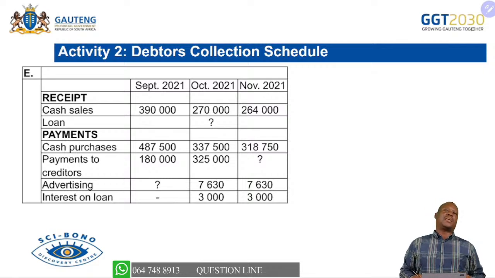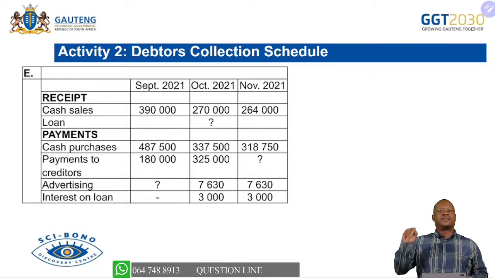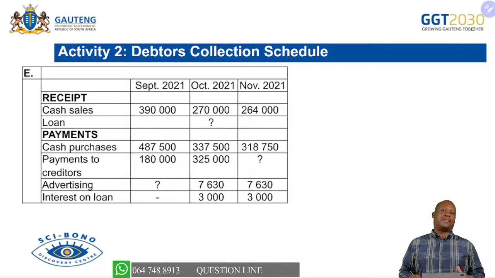Why do you think they can give us cash sales? Remember, we might need these cash sales to find our credit sales for a specific month. Maybe. And then, when it comes to the loan item, they are leaving it as a question mark. Remember, in our question, there's somewhere where we are supposed to know how much the loan is.